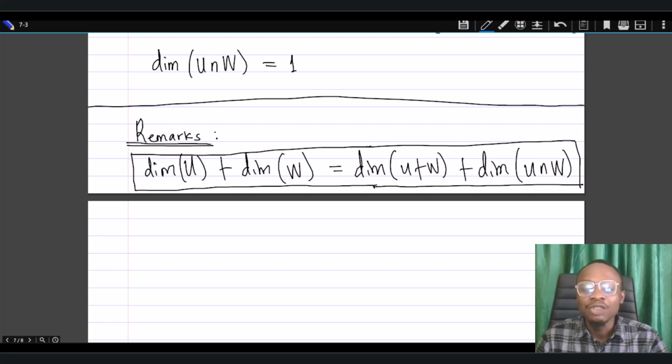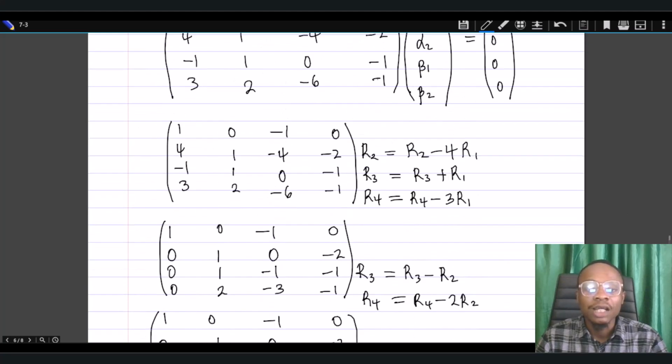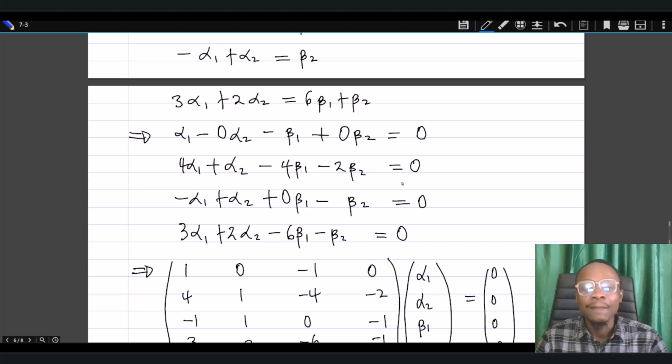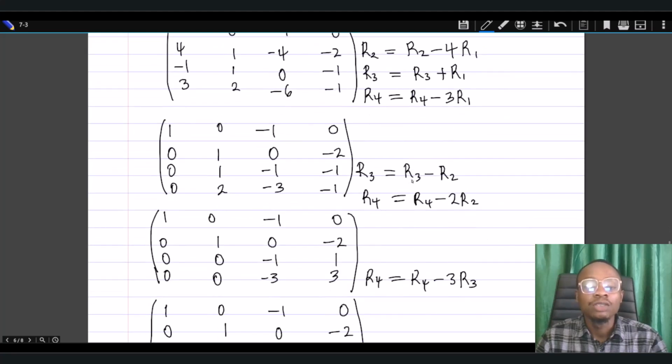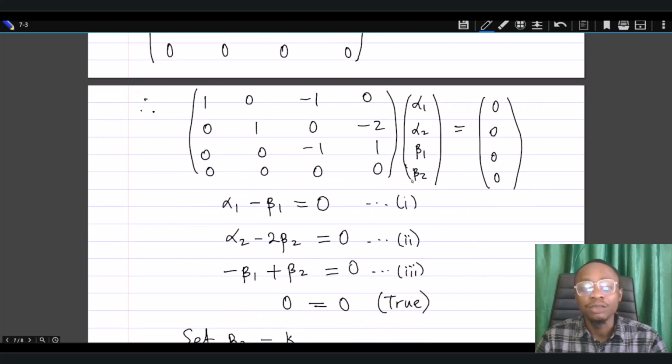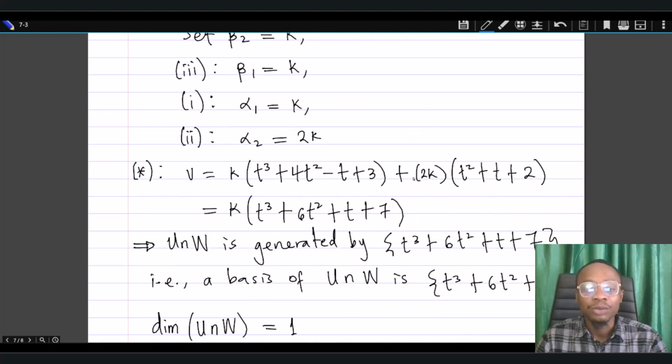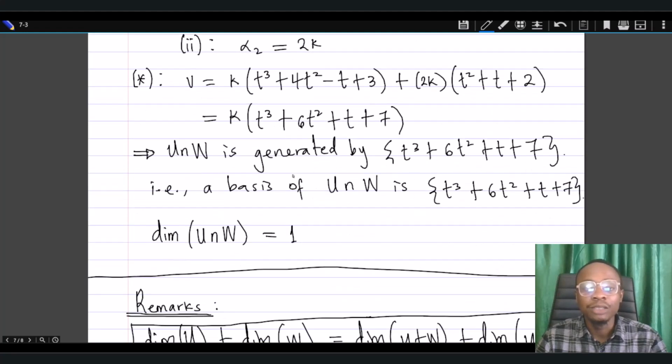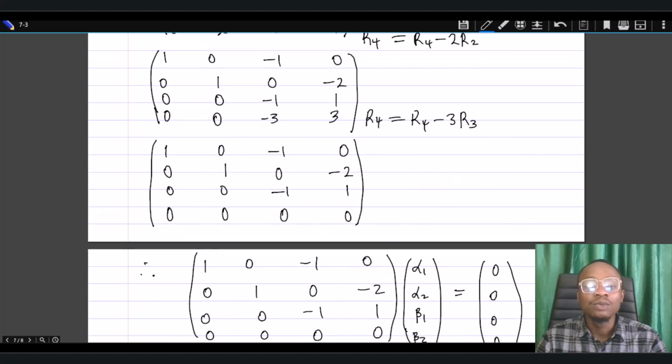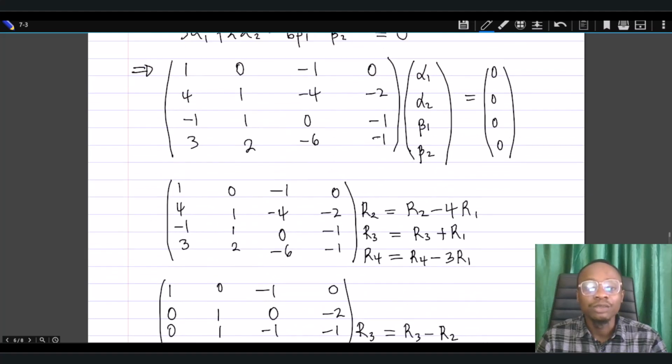Okay, so what other thing can we observe here? Now I want you to pay good attention here, that we got a basis for the vector space U intersection W. You can see how we went through all of this process to get this basis. If we're going to look at this in vector form, or in the form that we could put into the matrix, this is 1, 6, 1, 7. So could we have obtained 1, 6, 1, 7 another way without going through this process?